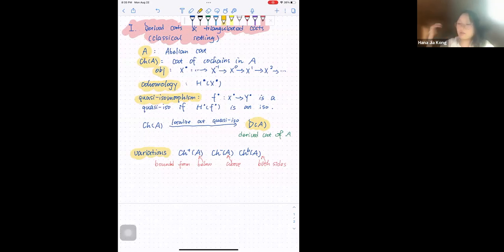So why do we care about derived categories? One reason is that we have something called derived functors. For example, Ext, group cohomology, or Tor are derived functors, and the derived category gives you a framework to define and study these derived functors.